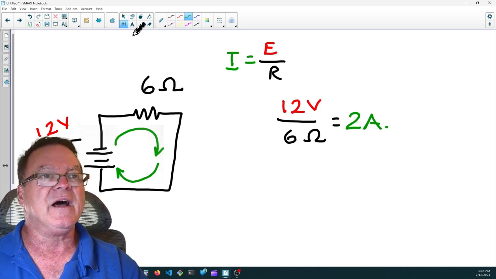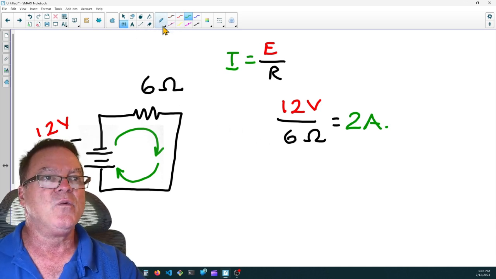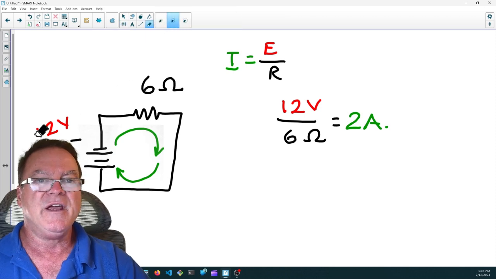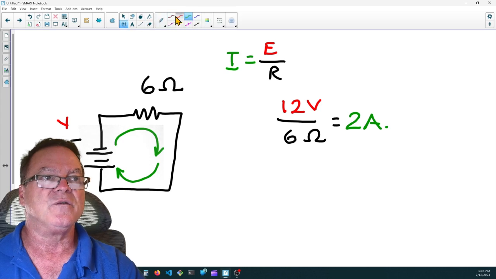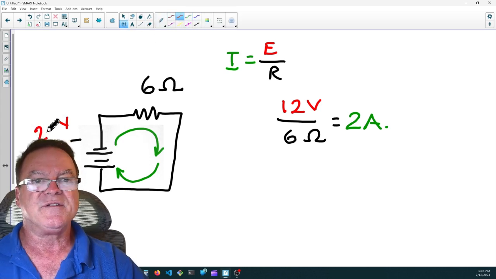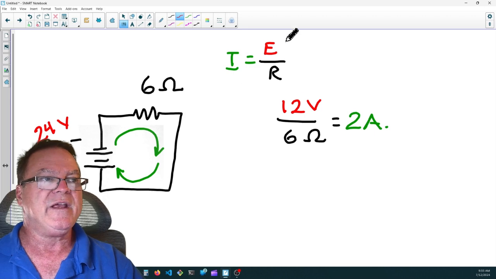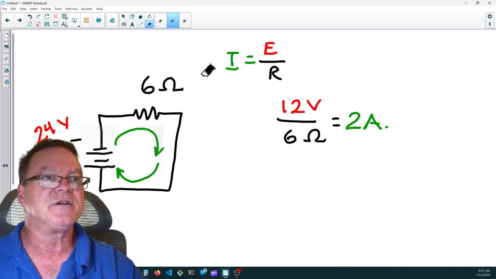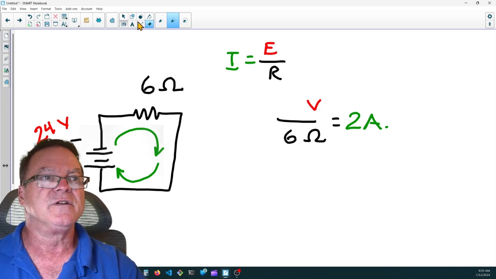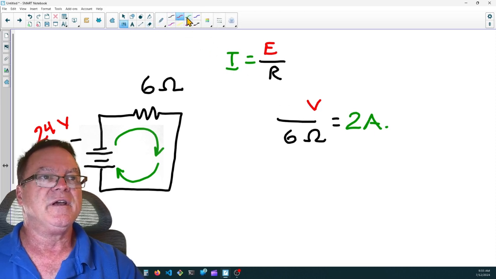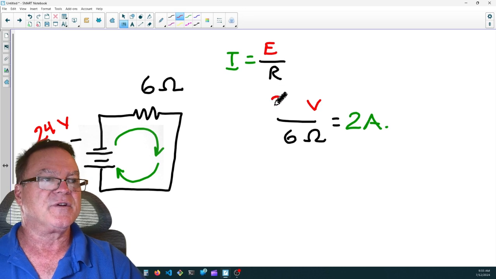Well, we said we can change the voltage. If we were to change the voltage, if this were 24 volts instead of 12 volts, if we increase the voltage, we increase the current. Current is directly proportional to voltage in an electrical circuit.